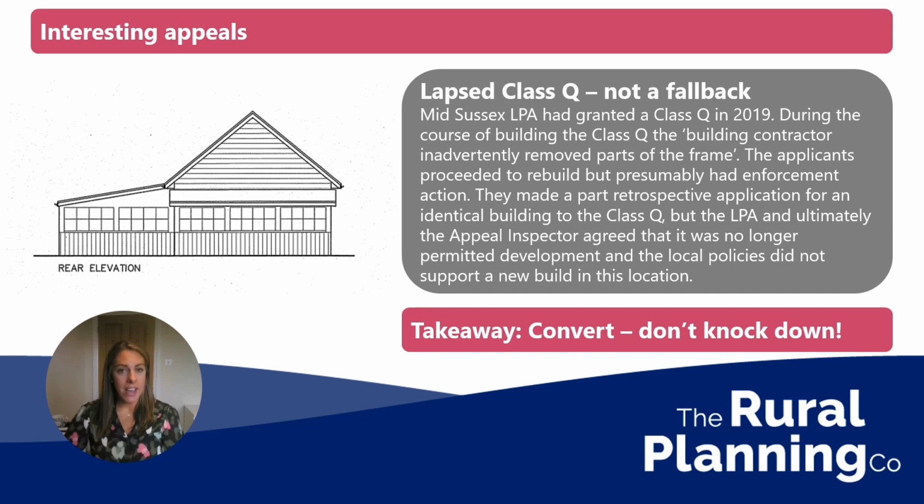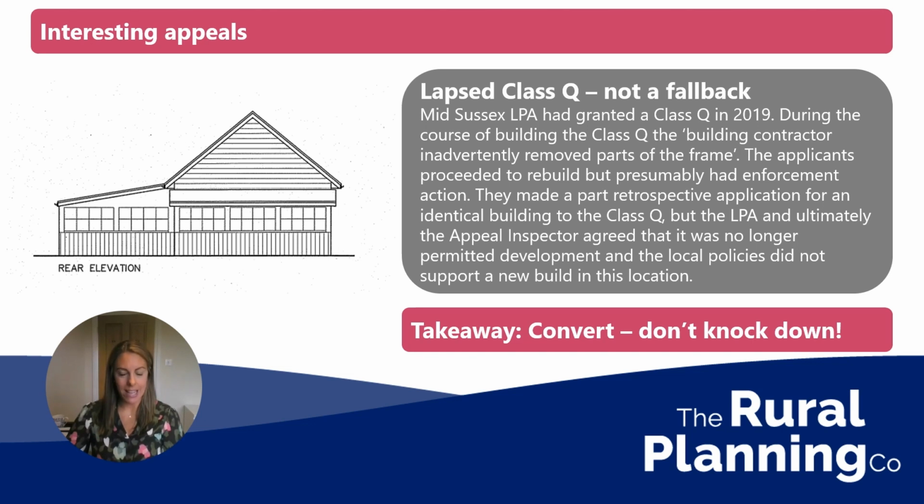So the applicants made a retrospective application for an identical building to the Class Q. It's going to end up looking exactly the same as what had previously been granted, but the local authority and the appeal inspector said, no, you're not converting the building, you're rebuilding a new building in this location where we wouldn't ordinarily support a new build, so you can't have it. Unfortunately for them, I haven't heard if they've taken it any further or not, but that was going to be a no, and they were already partway through rebuilding it.